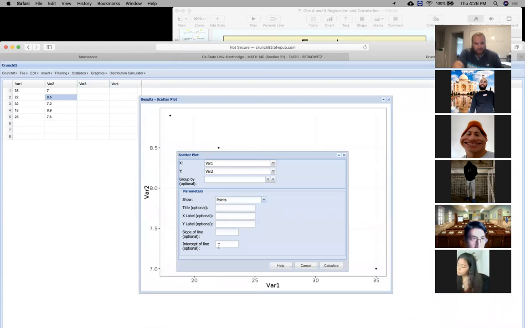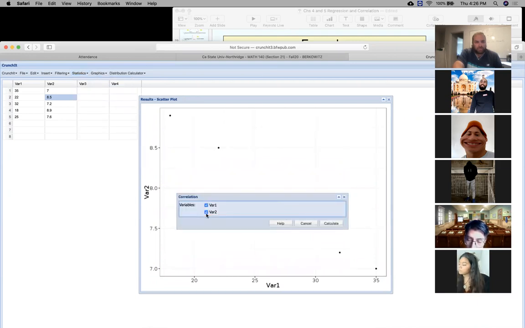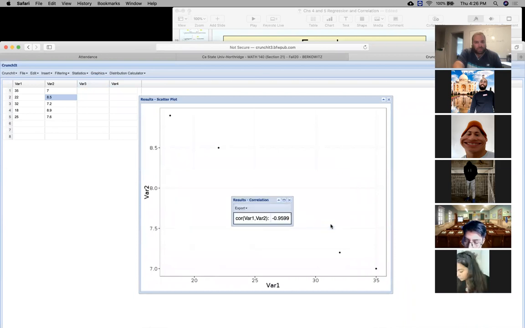Points, x slope, this. Okay, that's not what I want. What else can we do here? Oh, here's correlation under statistics. Variable 1, variable 2, calculate. Hey, look at that. We see that the correlation is negative 0.9599, which matches what's in the book, right? You all saw that, I hope? You can see what I'm looking at? Yeah. Okay.